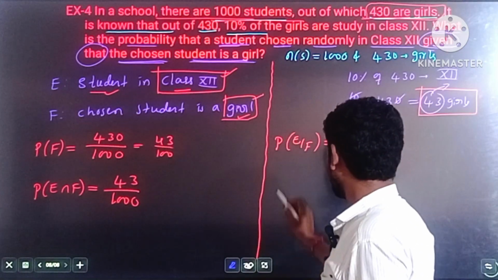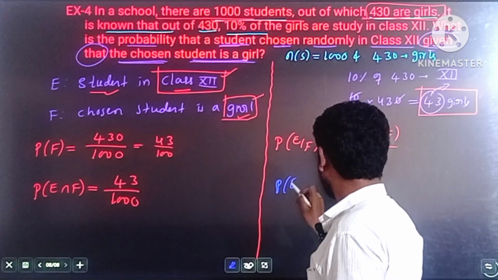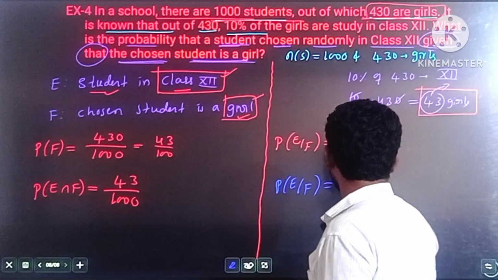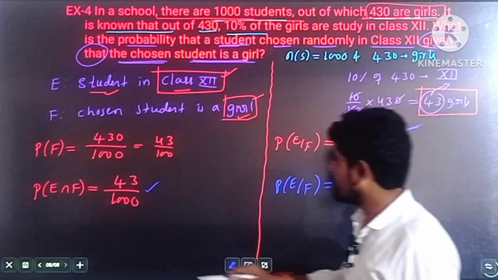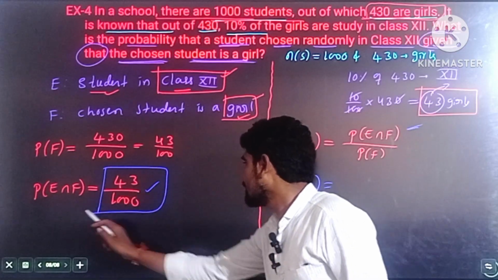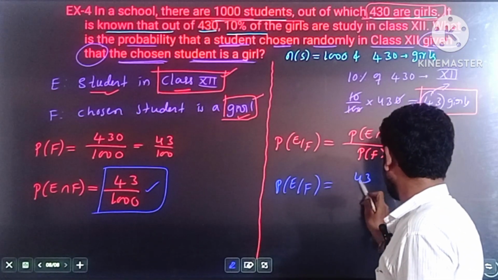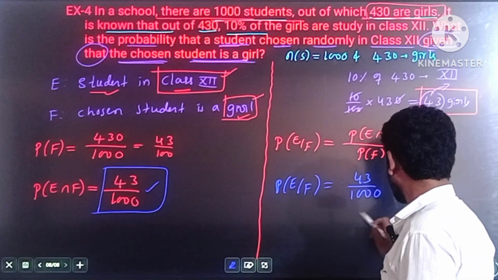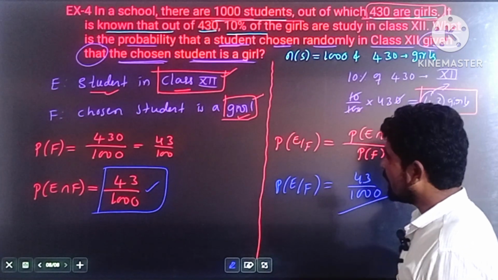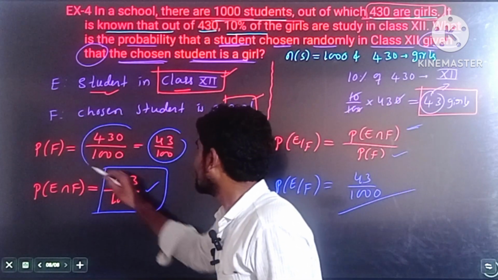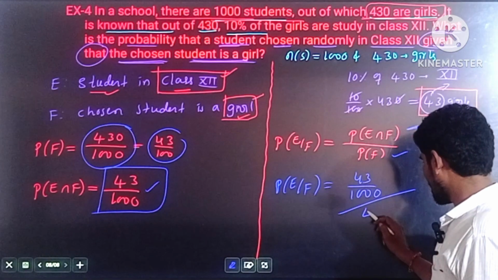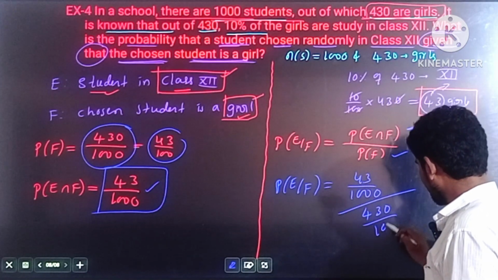So now the required probability of E by F is equal to the probability of E intersection F, 43 divided by 1,000, whole divided by the probability of F, which is 43 by 100, or 430 divided by 1,000.